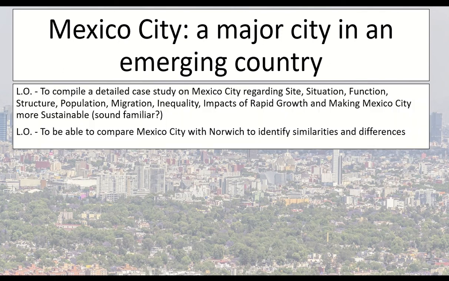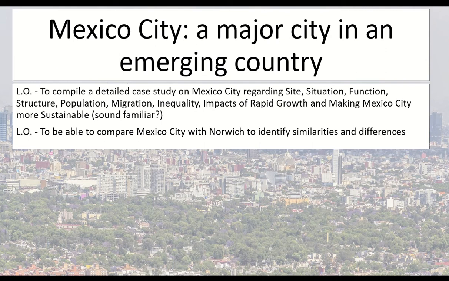So what you need to do, over the next 3 lessons, and 4 including this one, is compile a detailed case study on Mexico City. It might seem like a long time, 3 or 4 hours. However, we spent about 6 hours covering Norwich, so actually it's half the time.